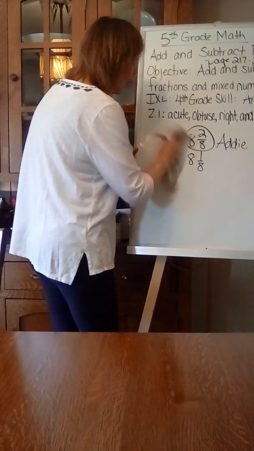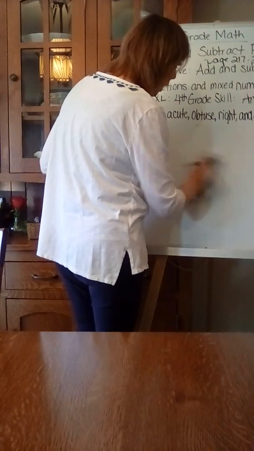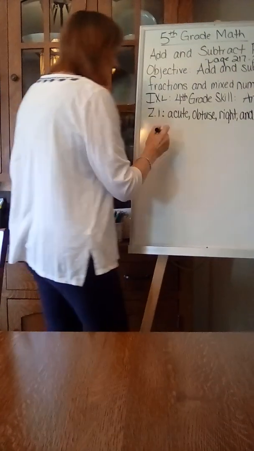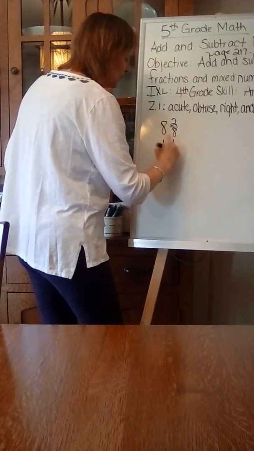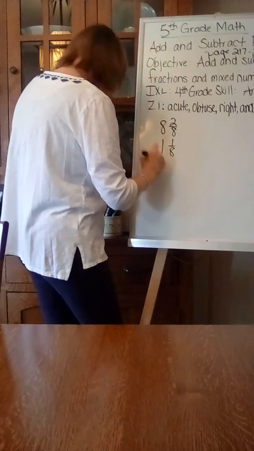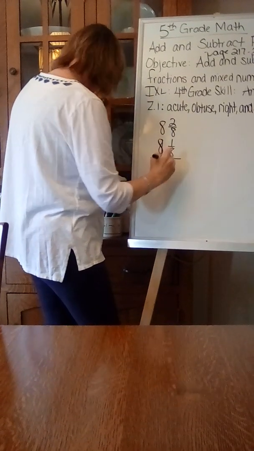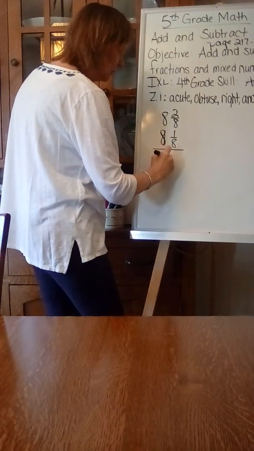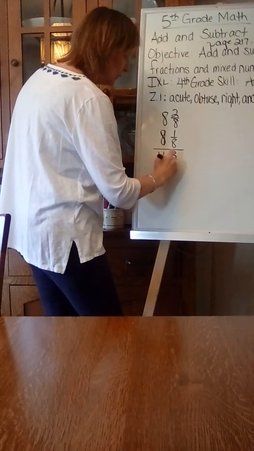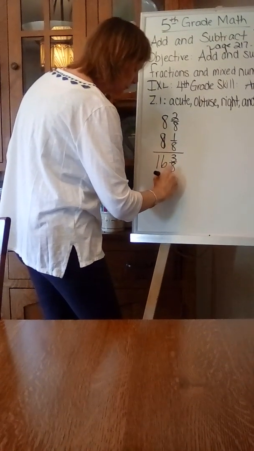That means I've got to add up how many laps the girls walked, which I just had that Addie was 8 2/8, and Lily was 8 1/8, I'm sorry. Now I can add, because we already had the common denominator, so 16 3/8 is the girls.